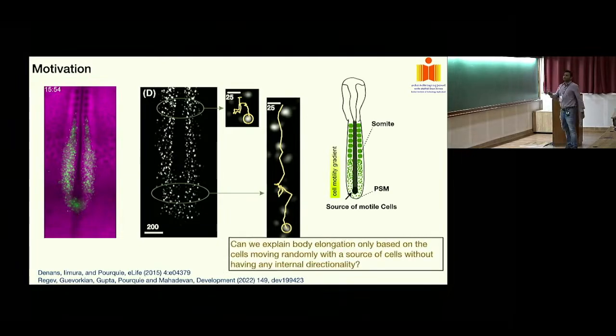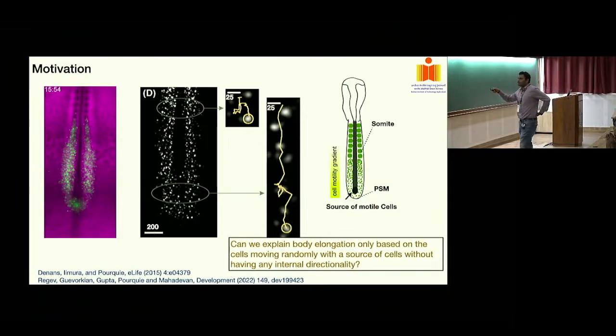This is a sketch just to give clarity. This is how, at the end of the day, new cells would come from here. We call this area the pre-somitic mesoderm. Pre-somitic because they are going to be somites, so before becoming somites, we call them that.